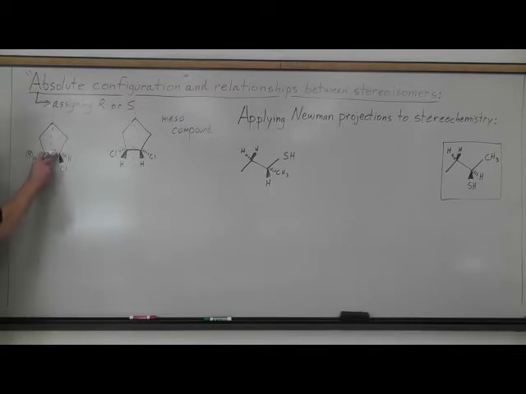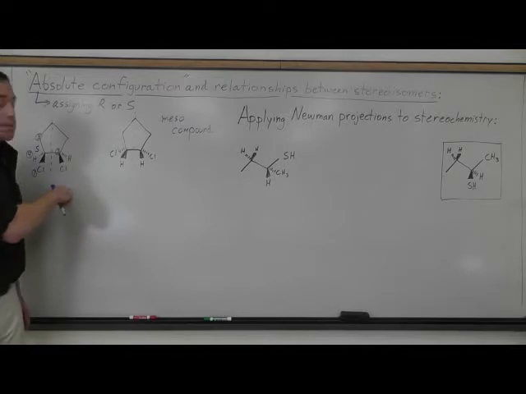This carbon is bonded to a chlorine as its highest atomic number, whereas this carbon is only bonded to a carbon. For that reason, this group would get our second priority and this would get our third priority. Now, as we look at the groups, we're going 1, 2, 3 in a counterclockwise manner, and the fourth priority group is oriented away from us, so that's S.